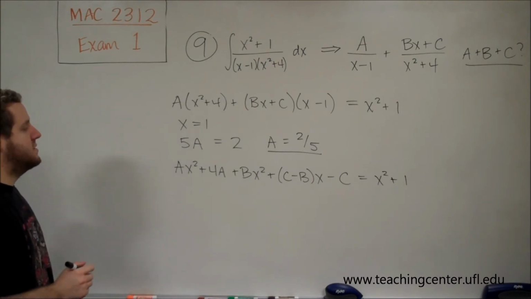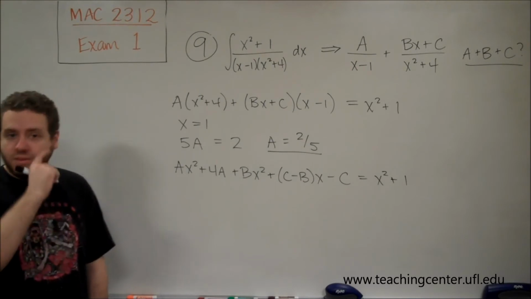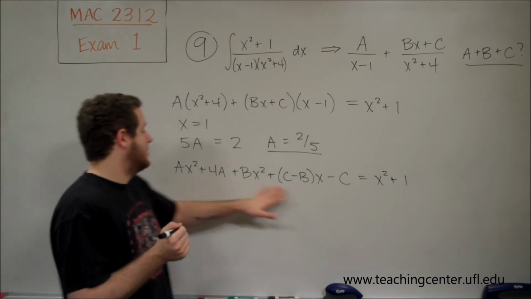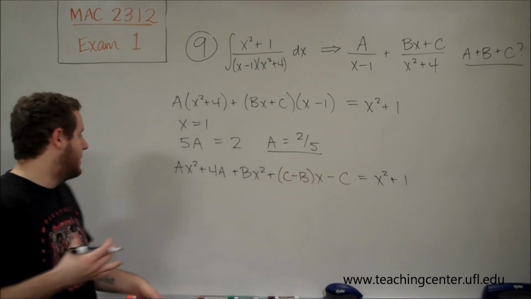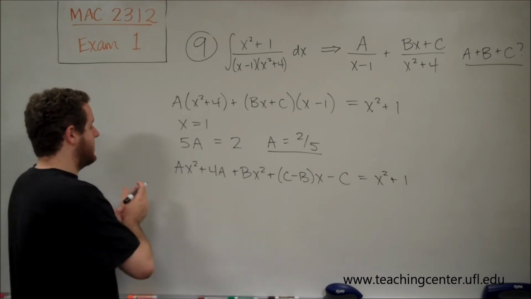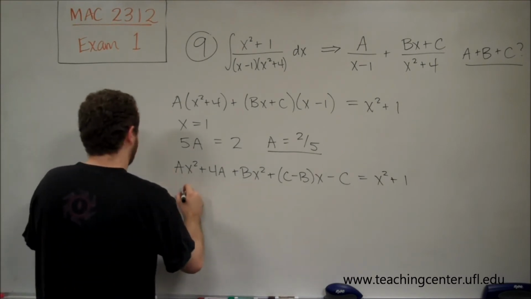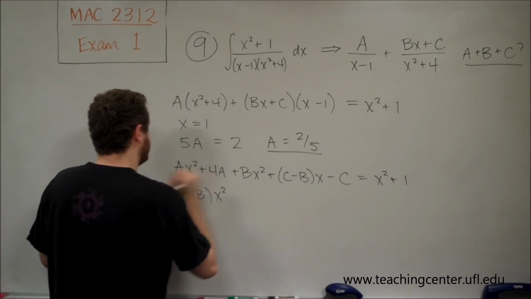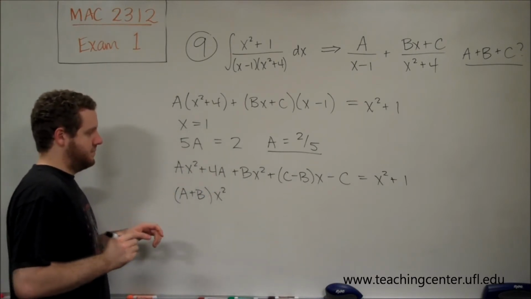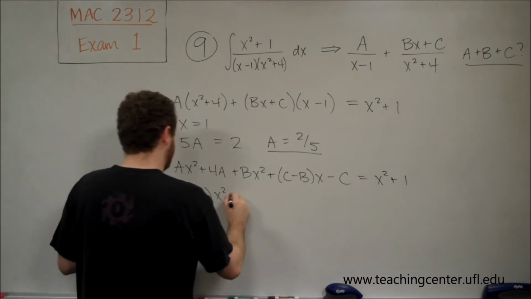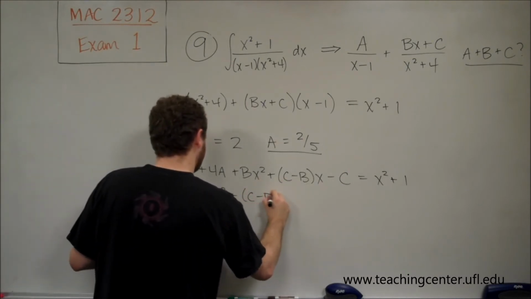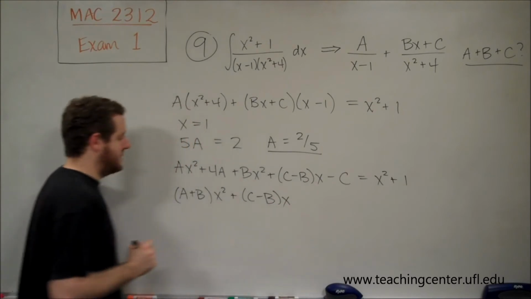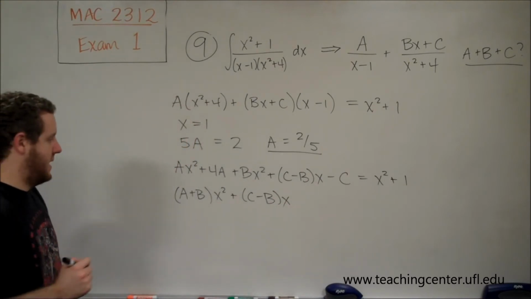Here's what we can do. We know that the coefficients of each power of x have to match. If we group them all together, we have ax squared plus bx squared. So a plus b has to be the coefficient on x squared. The only things that have x are right here, so c minus b has to be the coefficient on x.